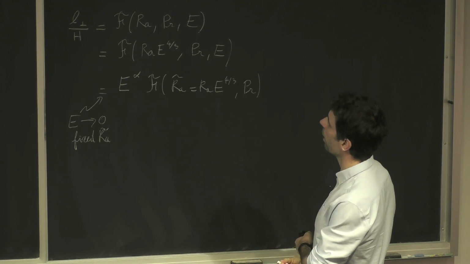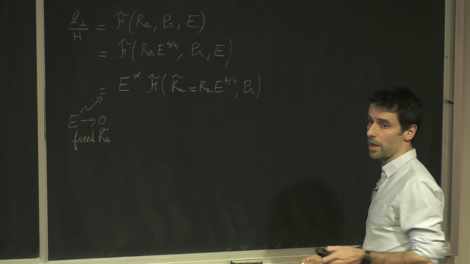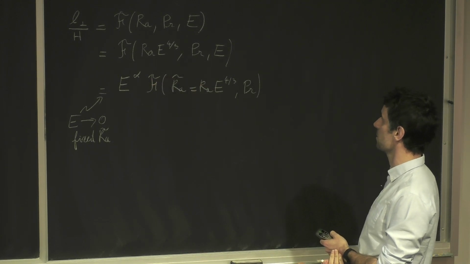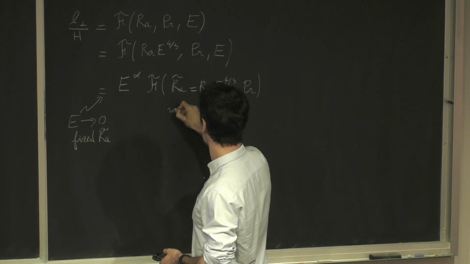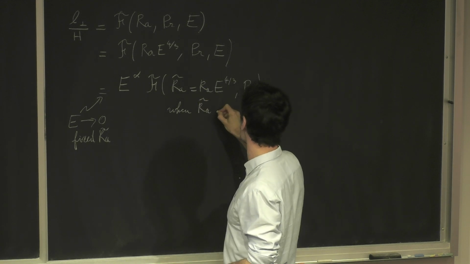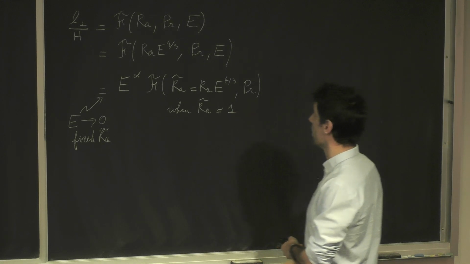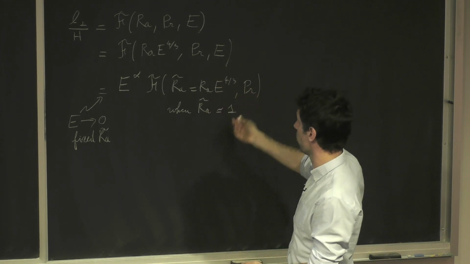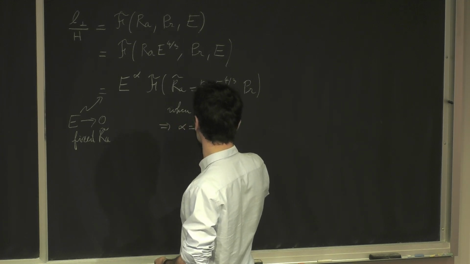At this stage I don't know alpha, but there's one thing I know how to do: linear stability analysis. I know that when Rayleigh tilde is very close to critical, so it's approximately 1, then I'm close to threshold. Linear stability tells me that alpha is equal to a third.